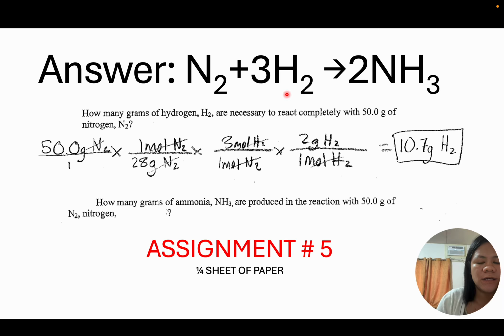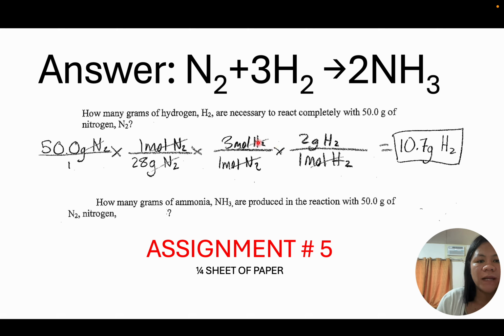Looking at the equation, we put the ratio according to its coefficients. N2 is 1, since there is no number here. And what you are looking for is the hydrogen, which has 3.